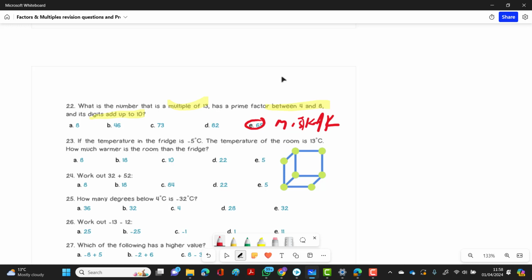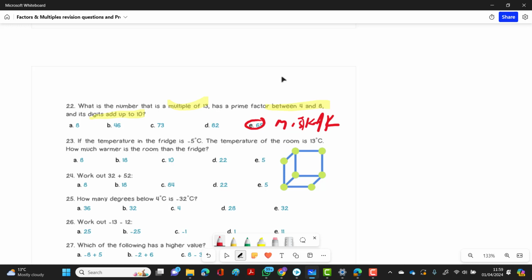If the temperature in the fridge is -5 degrees and the temperature of the room is 13 degrees, how much warmer is the room than the fridge? Okay, so this is negative numbers.